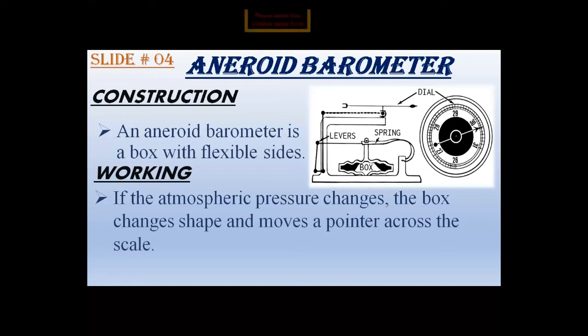The next one: if the needle turns counterclockwise, the pressure decreases, and the weather is likely to get cooler, wetter, and of course poorer. I hope, students, it is clear. So how can we use it? It is used to forecast the weather.